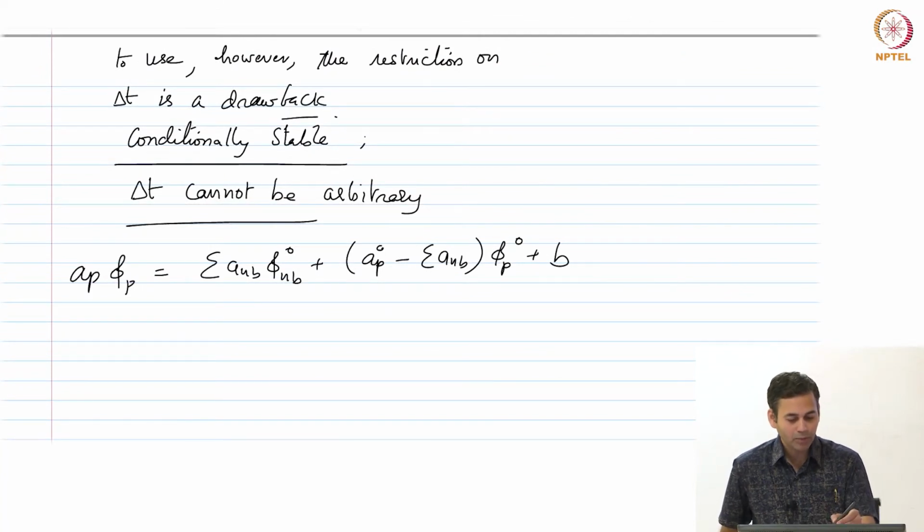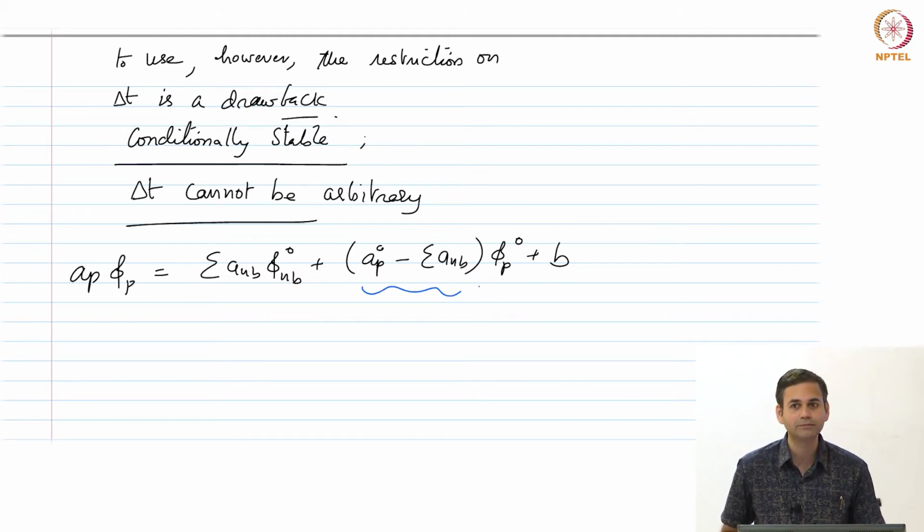Now, what about the coefficient for phi_P^0, that is a_P^0 minus sigma a_nb? Is there a possibility that this coefficient would become negative? We know that the sigma a_nb's are always positive. What about a_P^0? It is positive, but can this become negative?